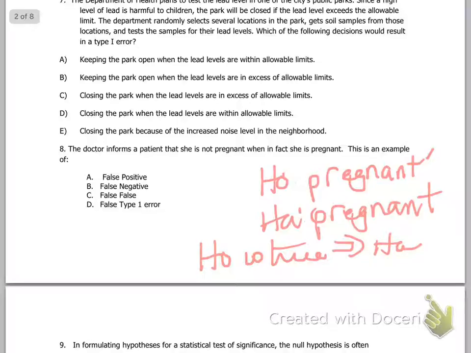Okay, silly Schwartz, HA is true. In fact, she is pregnant, so HA is true, but we go with H0. I'm sorry, I have to think about this. So this is a type 2 error, and a type 2 error is a false negative. Okay?